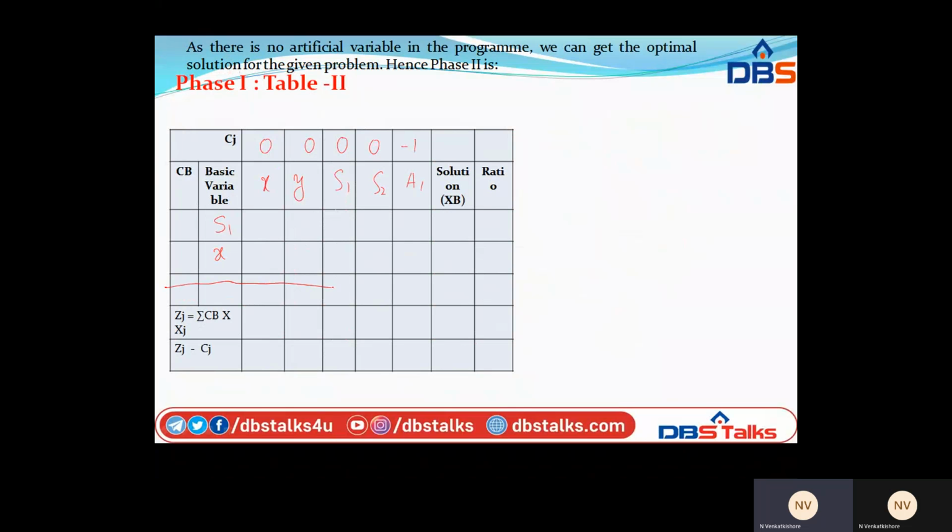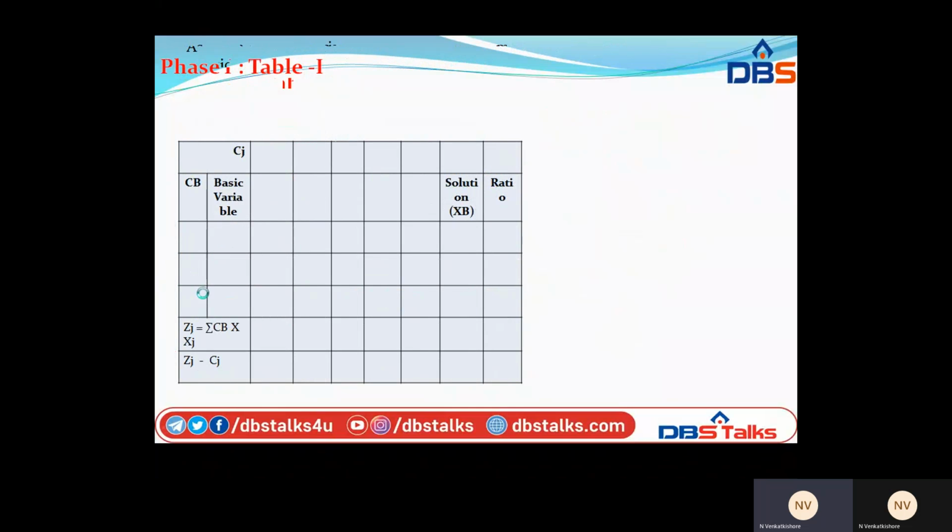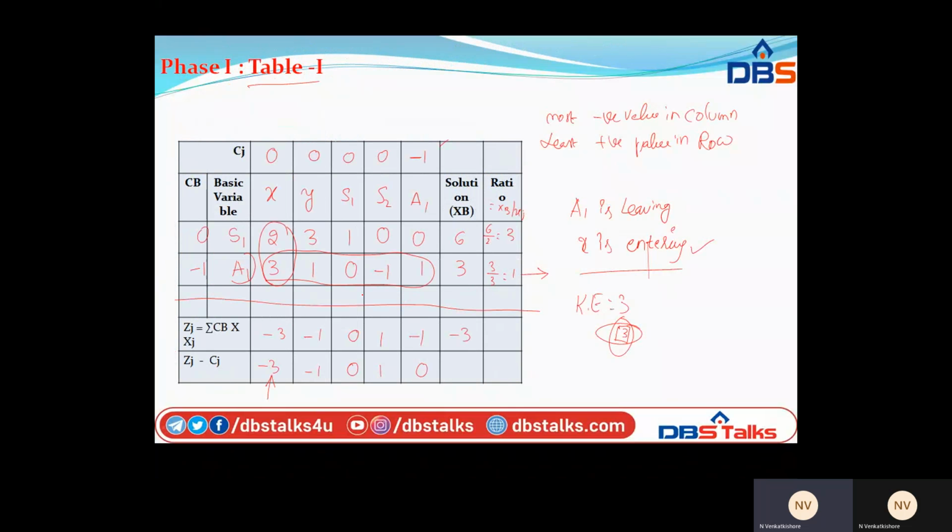Next, s1 variable is 0, X variable is 0. Then what is the thing? New x equals old a1. That means we just replaced a1: a1 was removed and x was entered.